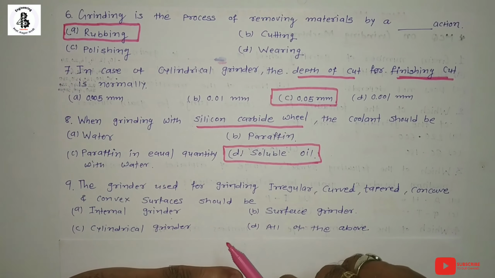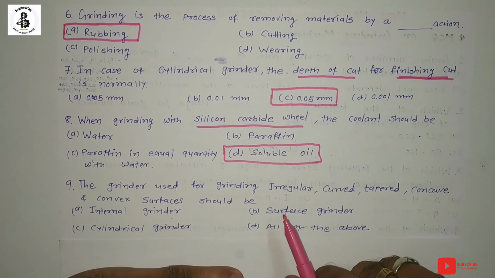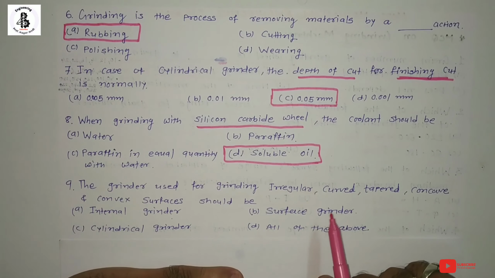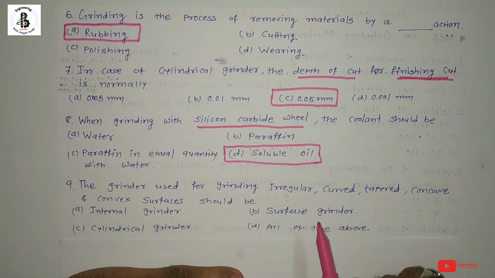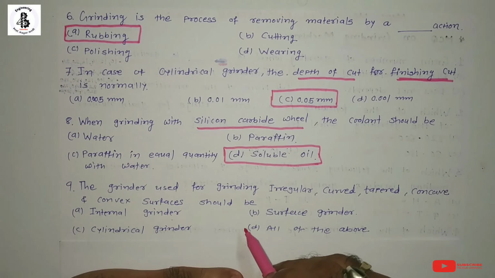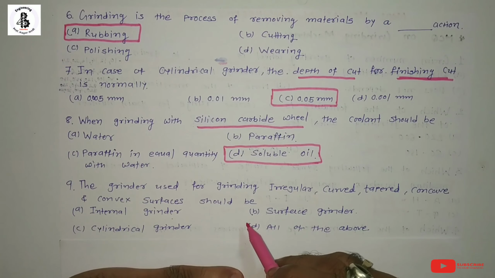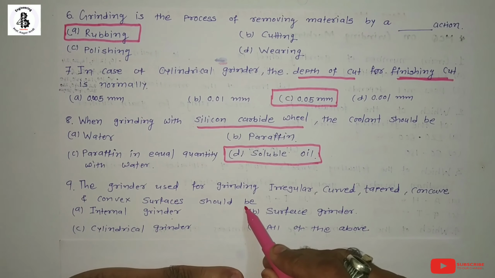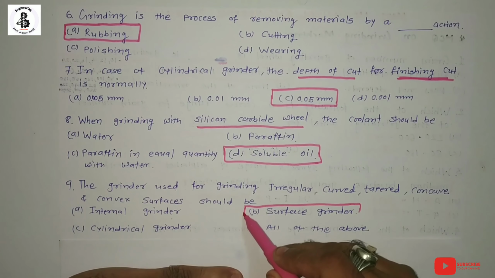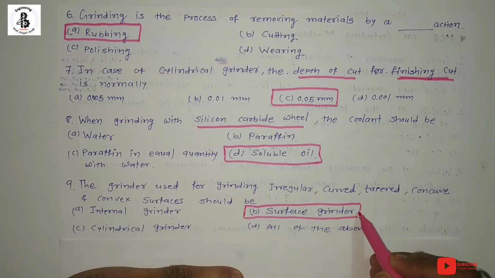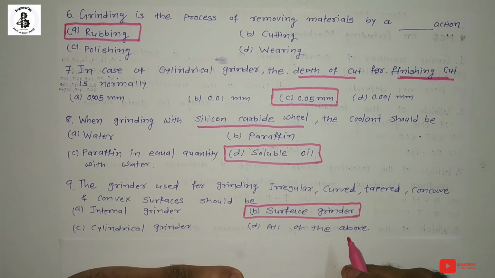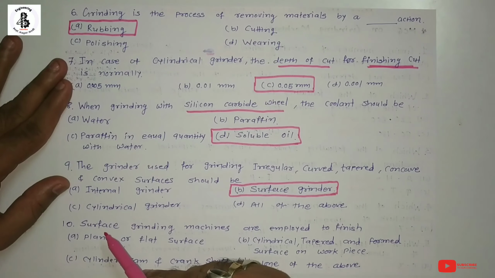Basically a grinder for irregular, curved, tapered, concave and convex surfaces can be easily handled with the surface grinding process. If you want to learn in detail, you will find a link in my description box. So the right answer is surface grinder. Then we will see the next question.